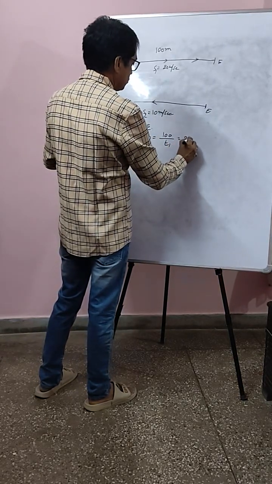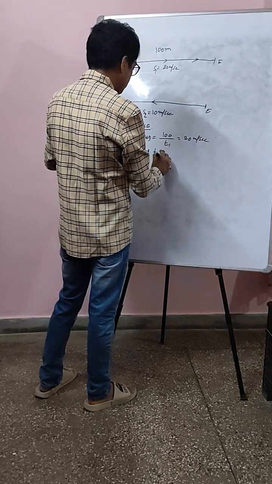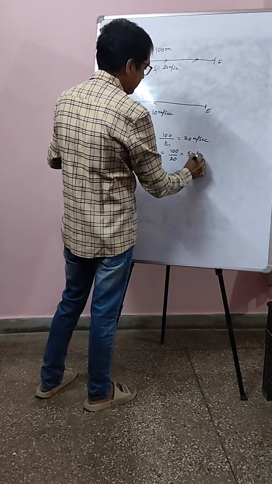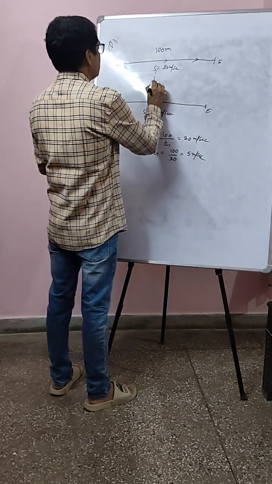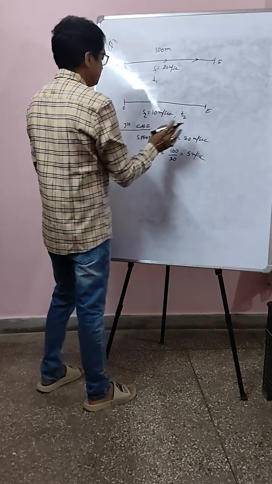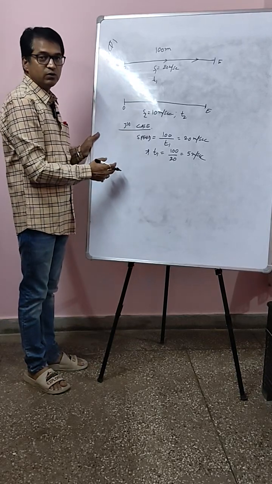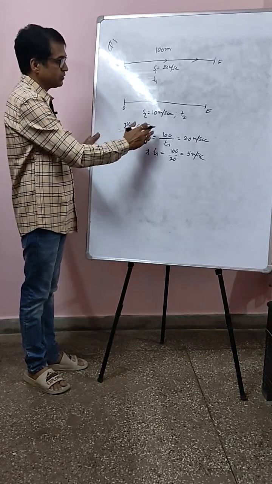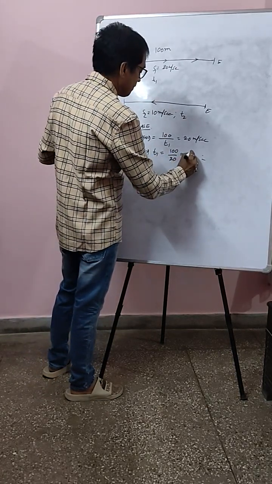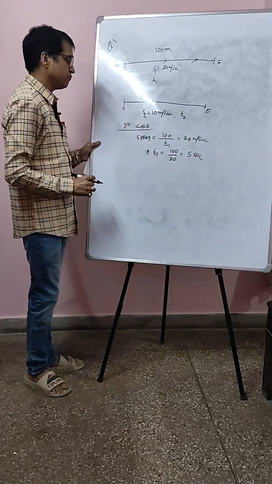T1 equals 100 upon 20, which equals 5 seconds. So the forward journey takes 5 seconds.